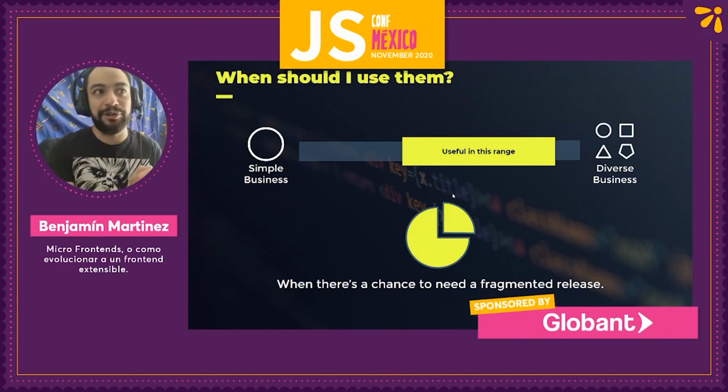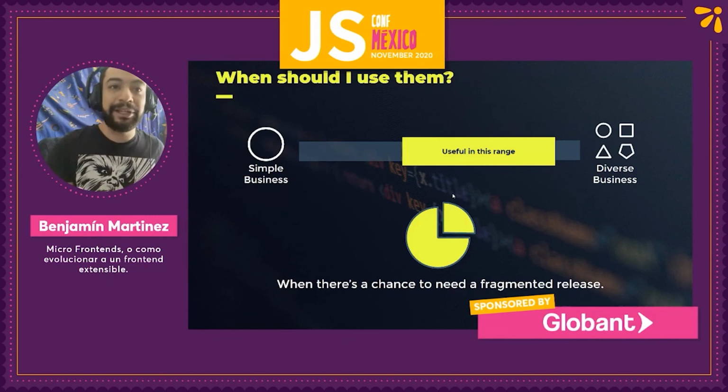Somebody can tell me, well, a business at the end of the day is sales. Yes, it's right. But on one side is the business area of showing the product, and on the other there is the area to have the transaction, the sales.